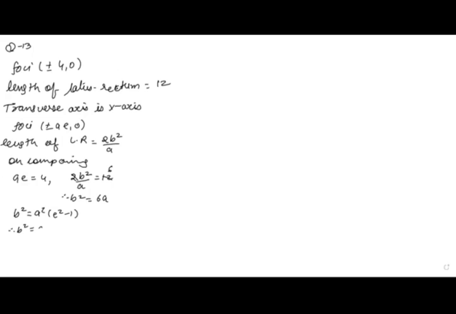Therefore, b square is equal to a square e square minus a square. B square is 6a. A square e square is 16 minus a square. Therefore, a square plus 6a minus 16 is equal to 0.